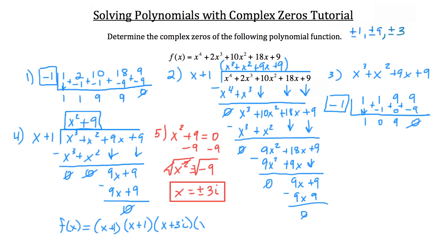And those were from the last two roots that we found, which were the complex roots. Now if you were to multiply all four of these factors together, you'd get our original polynomial expression.